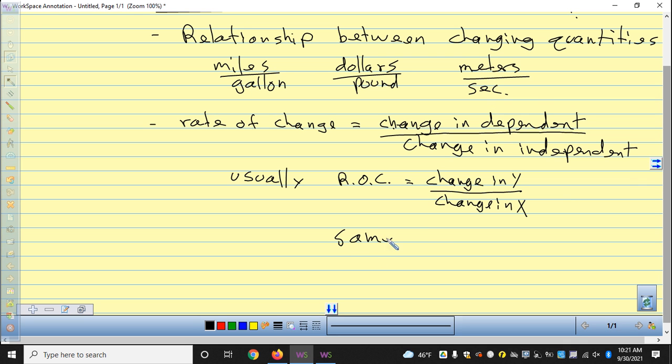This is the same as slope. The slope of a line is the rate of change of the y variable divided by the change in the x variable. So rate of change and slope are the same thing.